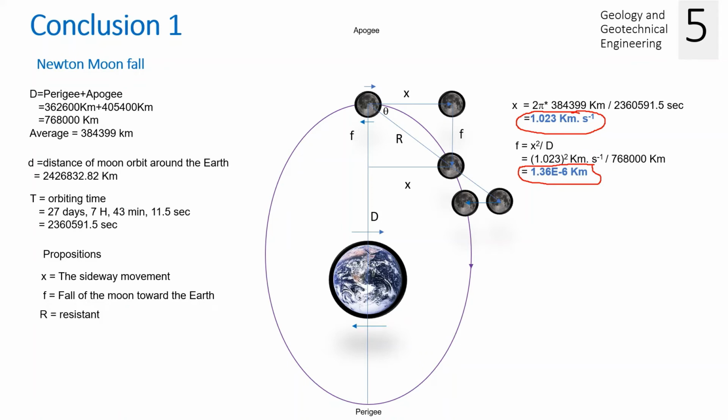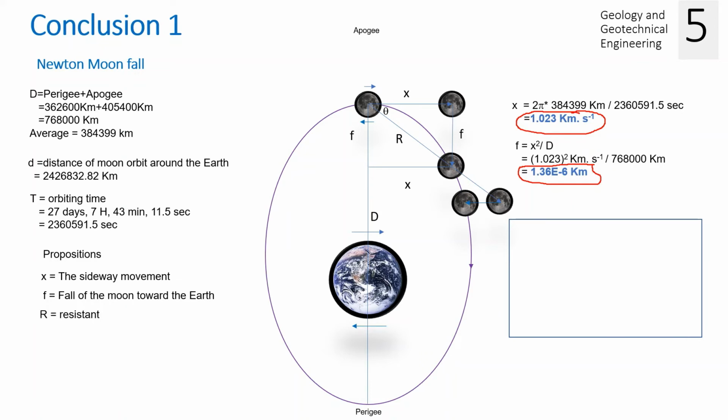It is a very little distance, but the fall happens in fact to the orbit again. Thus, you could prove that there is a fall from the moon toward its orbit, toward the Earth, just like an apple falls from the apple tree down to its ground garden.